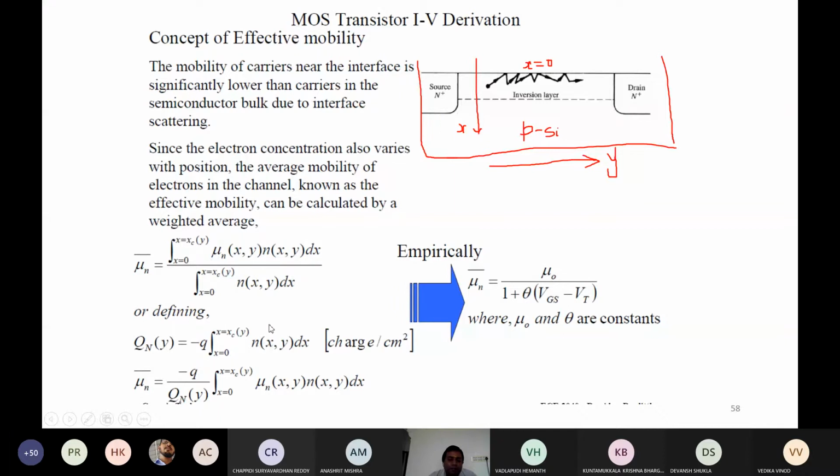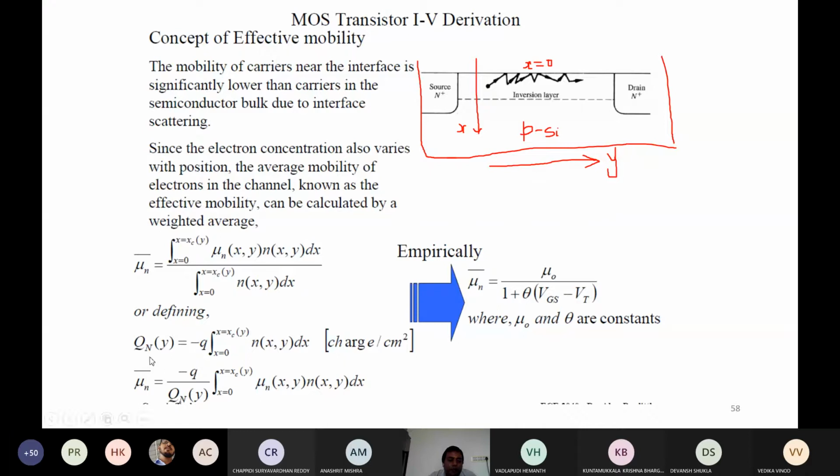If n(x,y) is the concentration of electrons, it is integrated from x equal to 0 to x equal to xc(y), with respect to x, and multiplied by q. Here we integrate with respect to x, and the area of the gate or the channel is equivalent to L into W, basically the total area. Later on, if you want to find the actual charge, that area should be multiplied.